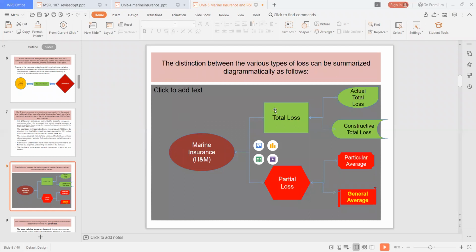See that a distinction between various types of loss can be summarized diagrammatically. See the marine insurance H&M: total loss, partial loss. How the total loss will occur here: actual total loss, constructive total loss. There are two types of total loss. Partial loss: particular average, general average. See, this is a very important figure. You can note it down also for better understanding of how it happens here. Marine insurance, H&M, total loss and partial loss.